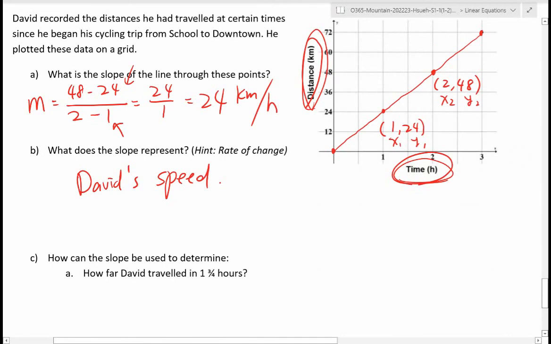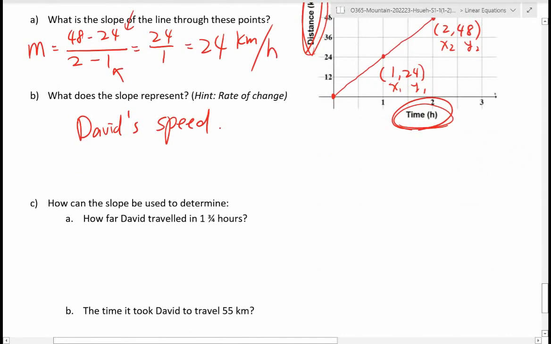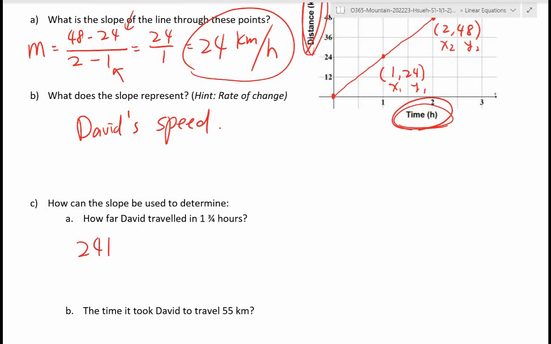Part C, so we can use the slope to determine the following. It says, how far did David travel in 1 3/4 of an hour? Well, we know the speed, so to find the distance, you can really just use the proportion. Recall this is 24 kilometers per hour, and this is time in hours, so we put 1 3/4 of an hour here, and how many kilometers?